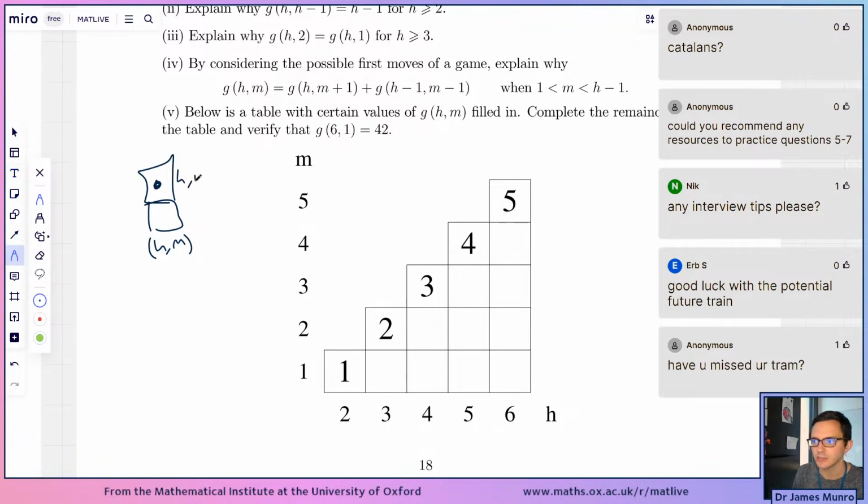That's H, M plus 1, and H minus 1, M minus 1 is, oh my goodness, where's that? Down here. Oh, weird relationship. Supposed to add like this? That's weird. And M is bigger than 1.